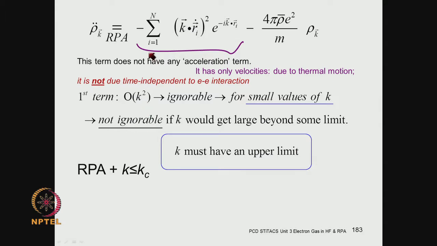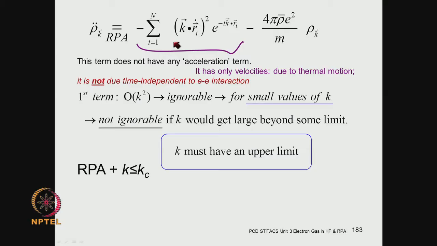So, RPA has been made already by throwing away the quadratic terms in the linearization process, and we are now inquiring under what circumstances you can ignore the first term, and if k is less than or equal to a certain upper bound, then you have got an equation of motion of the linear harmonic oscillator.